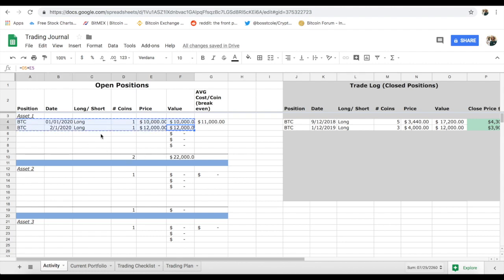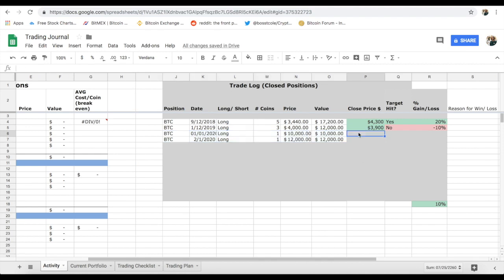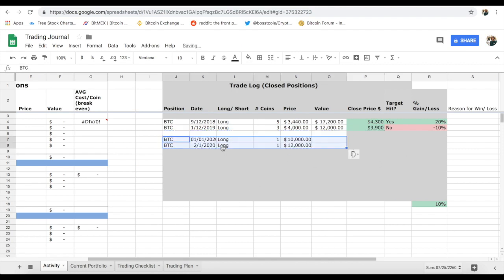So Command C, if you're on Mac, and then you just want to delete it because this is our open positions. And then you're going to go over here and you're going to paste it. Awesome. Now, what you can do is you can separate them out a little bit.